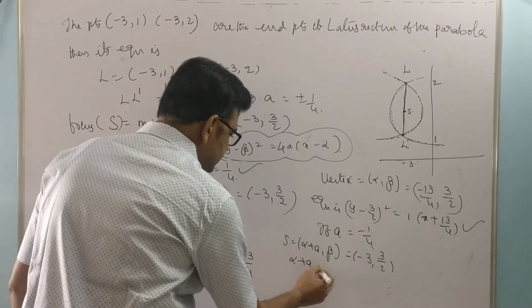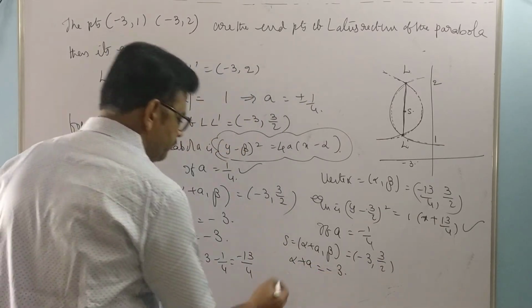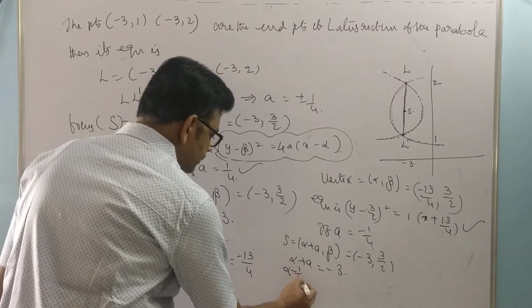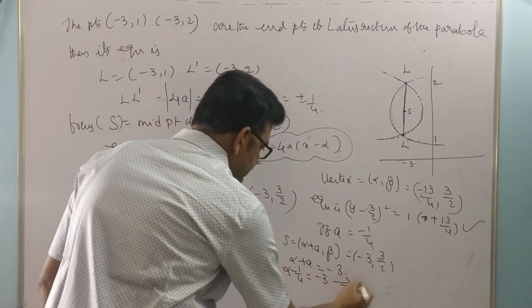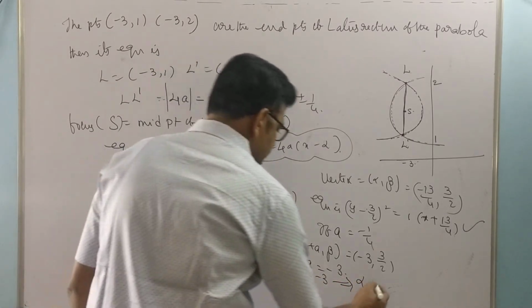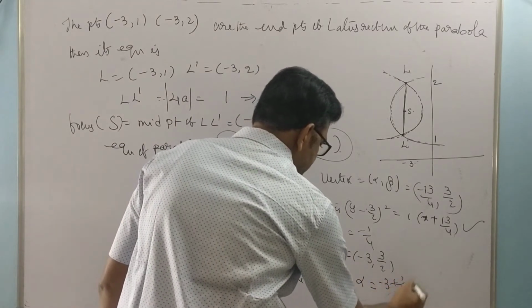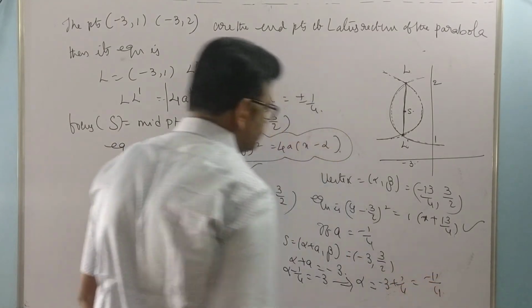Alpha plus a is equal to minus 3, where a is minus 1 by 4, so alpha equals minus 3 plus 1 by 4, that is minus 11 by 4.